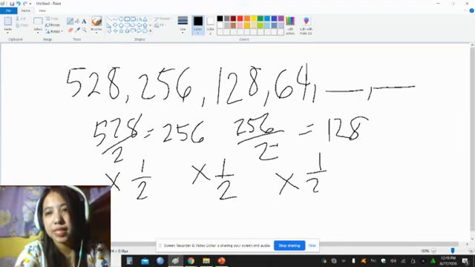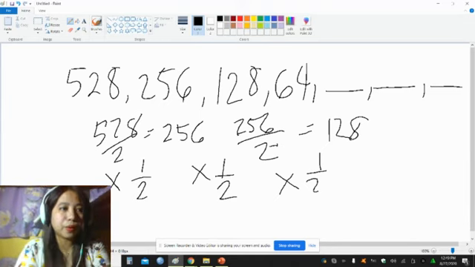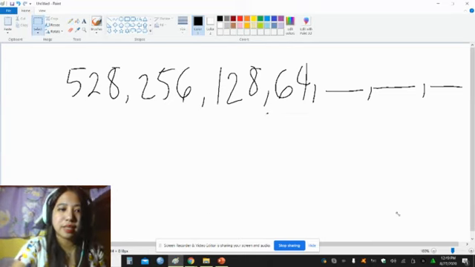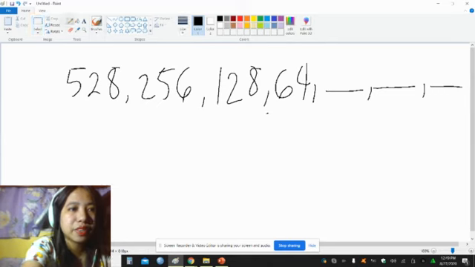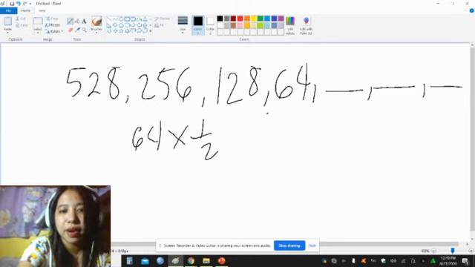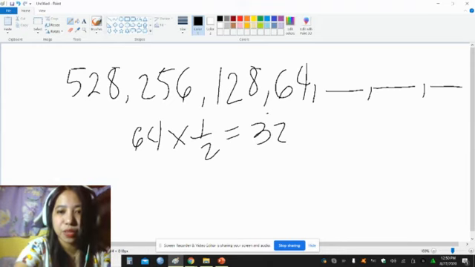If you are asked now to get the next three numbers, then you have to consider 64 multiplied by 1 half, and the answer is 32.